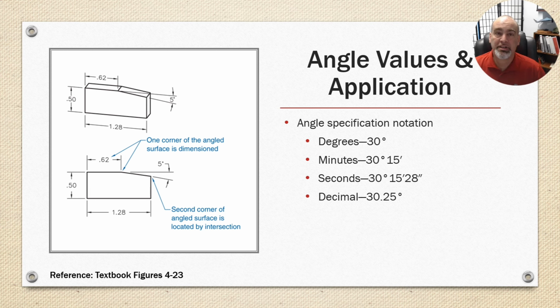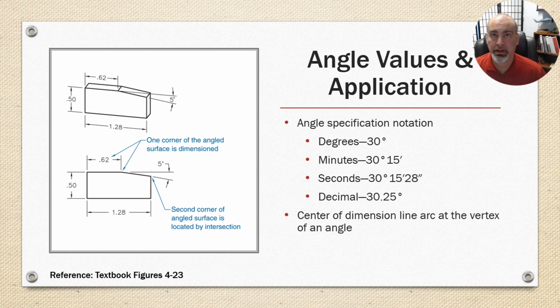And there's decimal, which breaks it down into hundredths. So 30 degrees and 15 minutes is the same as 30 degrees and 0.25 degrees. They're both measures and notation for 30 and a quarter degrees.